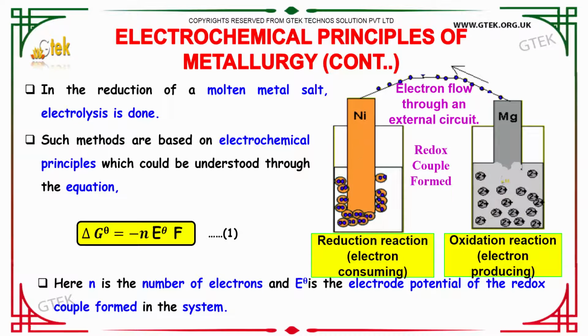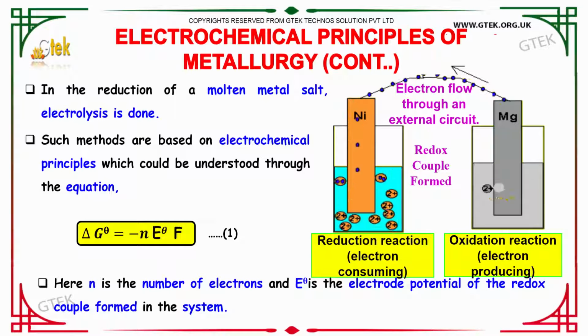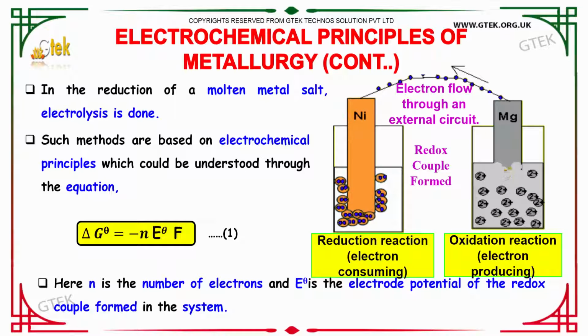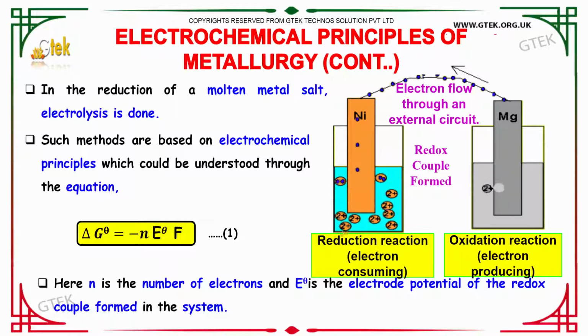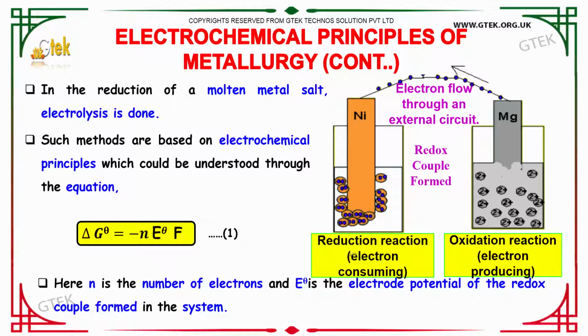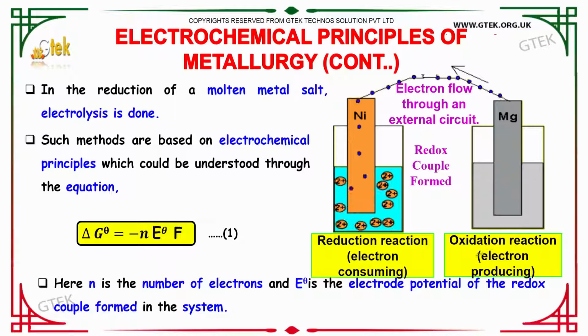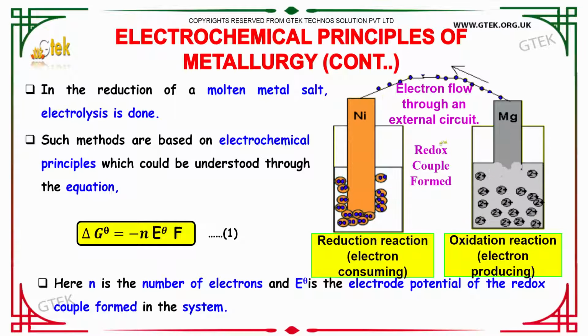You are able to see, due to electrolysis, the metal started moving as electrons and it's getting deposited here. So electrons consuming is happening, that's called reduction, and electrons producing is happening, this is called oxidation. Both together are called a redox couple.